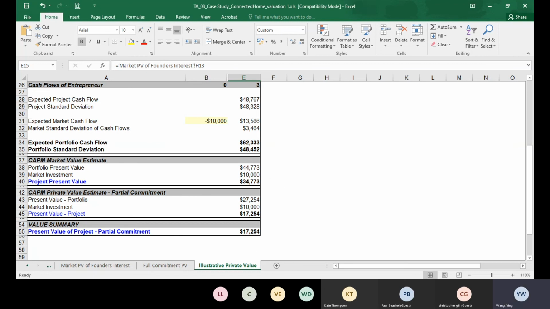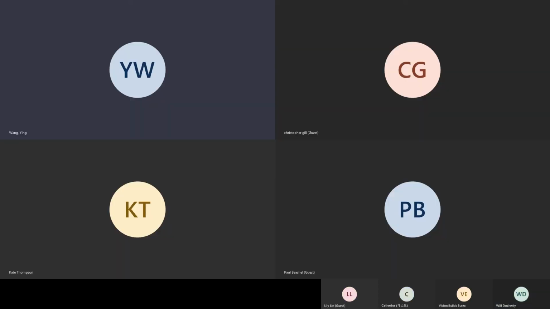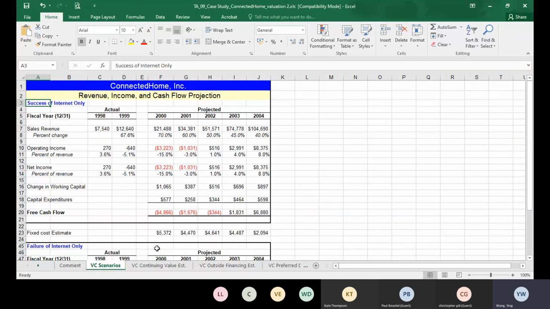Another spreadsheet I will share with you is the internet valuation for the business by the venture capitalists. Let me find this spreadsheet. This spreadsheet is based solely on the internet.